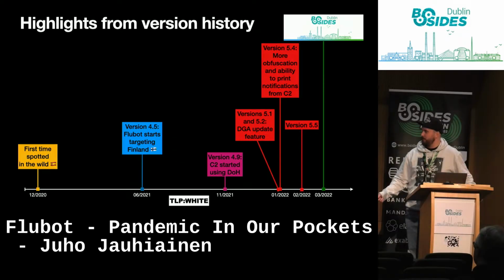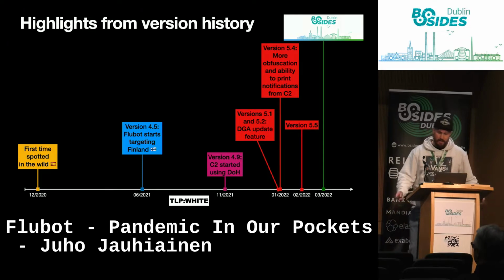And then a few months went by, and we saw new samples using DNS over HTTPS, and we couldn't do anything. And since then they have released a lot of new versions. So they are going from a static structure to more like things that they can update on the fly.